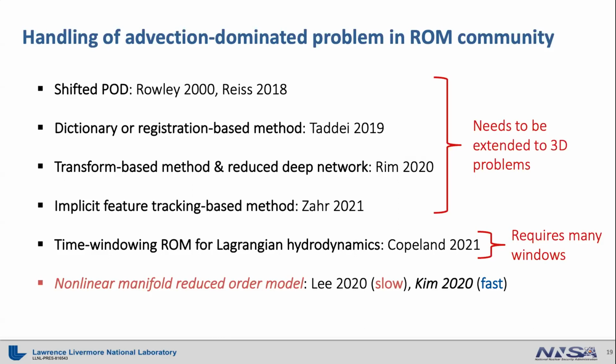Although they were able to obtain a great accuracy with a small size of latent space, their method was slower than the full order model because the nonlinear manifold reduced order model adds more nonlinearity to the original governing equations, and the Jacobian computation of the neural network becomes a bottleneck, hindering the fast computation. So today, I'm going to present a version of the nonlinear manifold reduced model that is now a lot faster than the full order model simulation using hyperreduction and a special structure of the neural network.